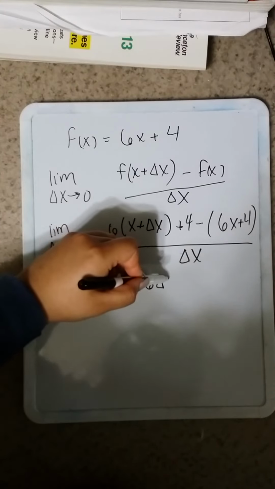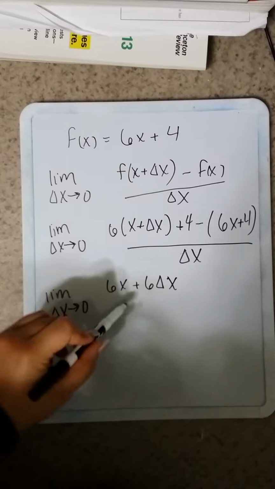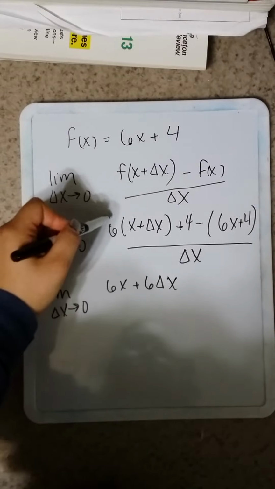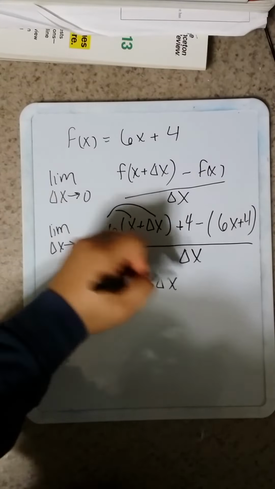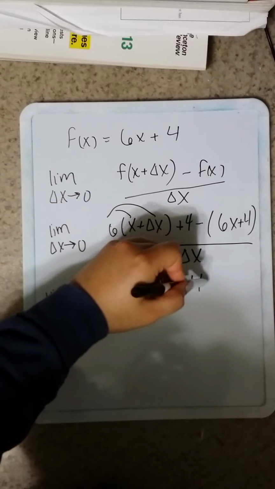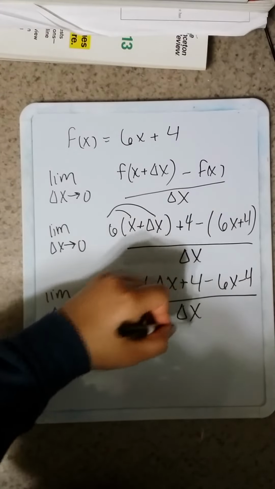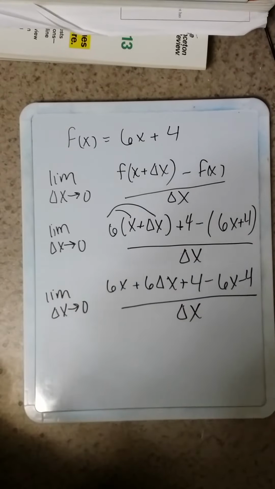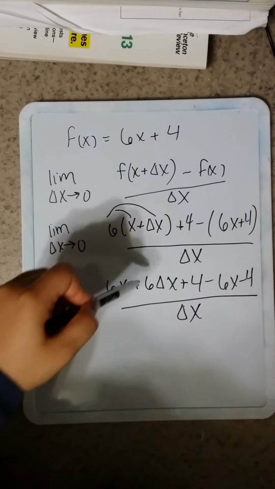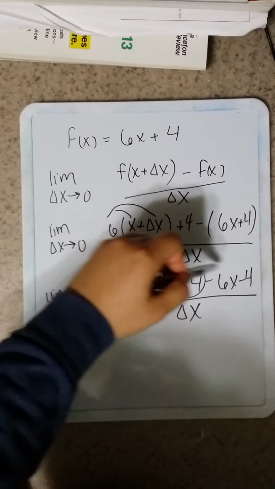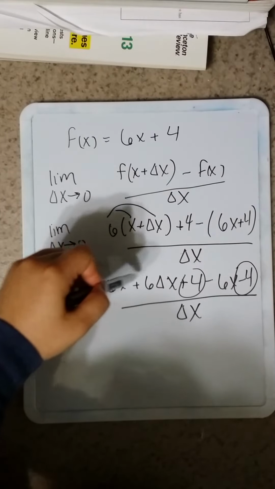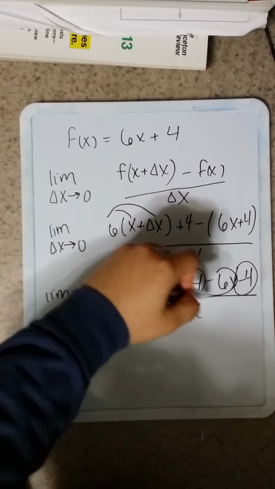So 6x plus 6 change of x, because we distribute that. And then plus 4 minus 6x minus 4 all over change of x. Now can you see what we can cross out here? We can cross out the plus 4 minus 4 and the plus 6x minus 6x.